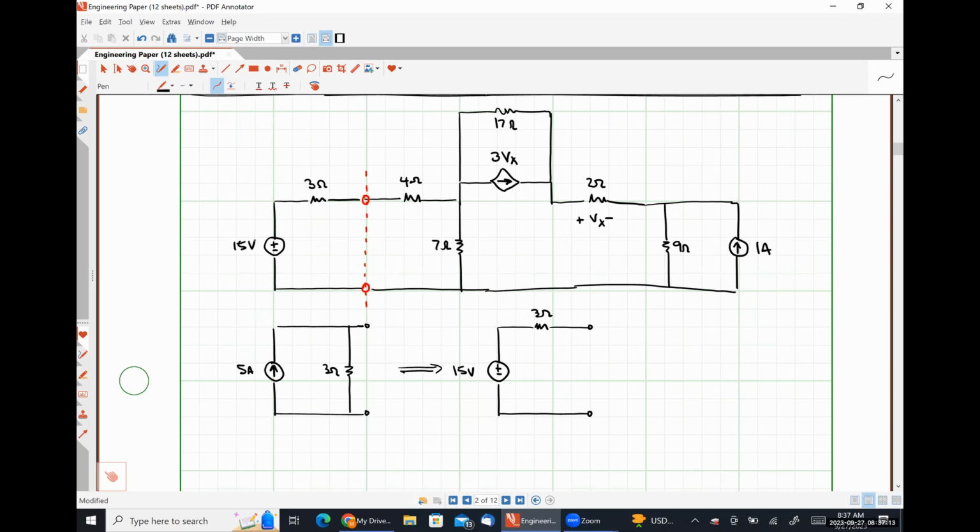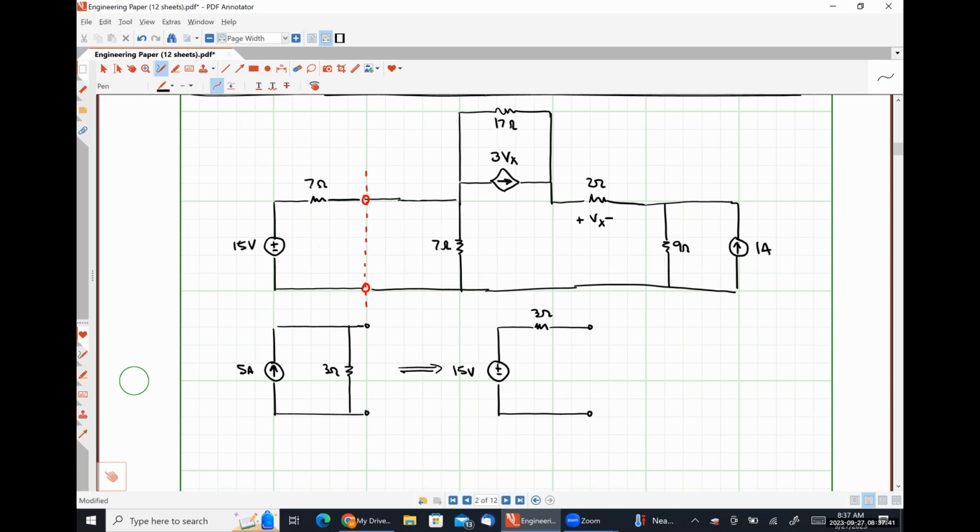Technically speaking, it introduced another node, but it's a node that we can immediately get rid of by doing a resistor combination, right? So what's 3 in series with 4 look like? 7, okay? So I'm going to erase my 4 ohm resistor there and just put a 7 ohm resistor here.